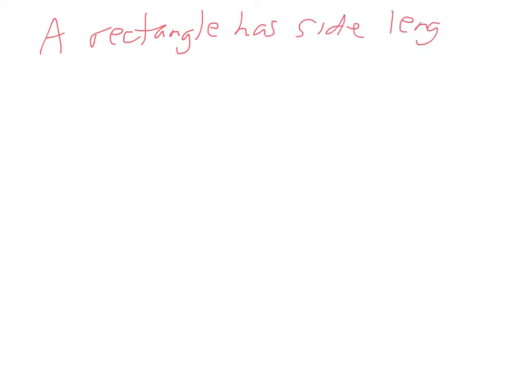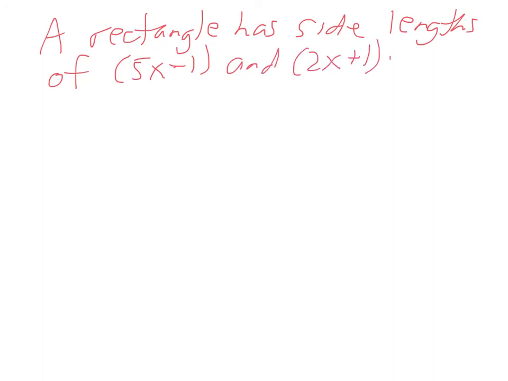With that, I will leave you with this problem here. A rectangle has side lengths of 5x minus 1 and 2x plus 1 units. And this is a two-parter question.